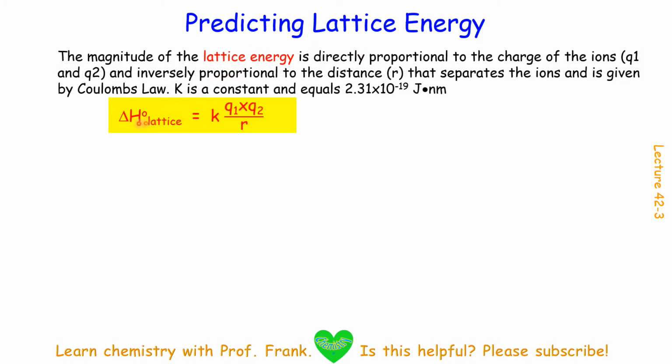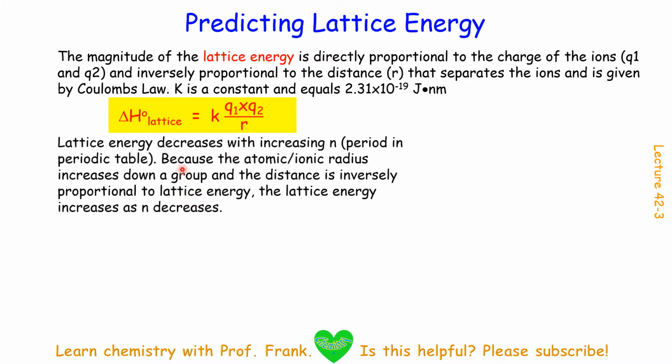Lattice energy is directly proportional to the charge of the ions and inversely proportional to the distance that separates the ions. Lattice energy decreases with increasing principal quantum number, n, as well as the period in the periodic table.